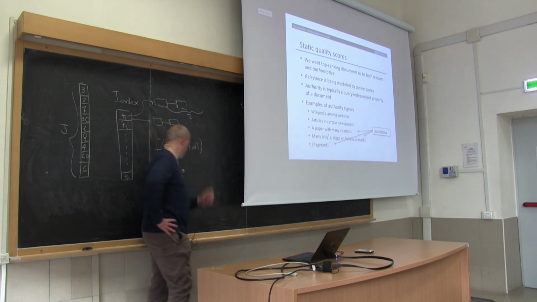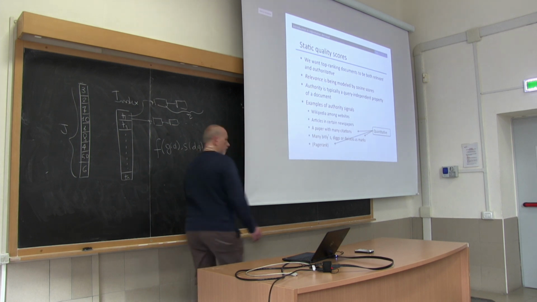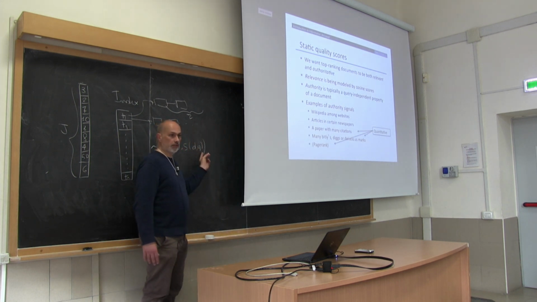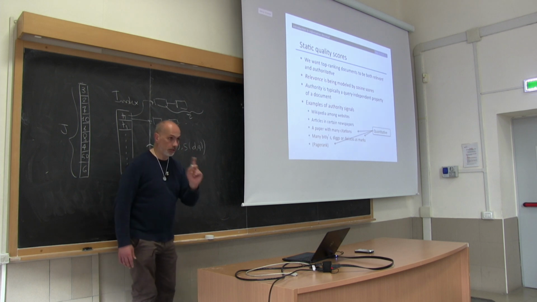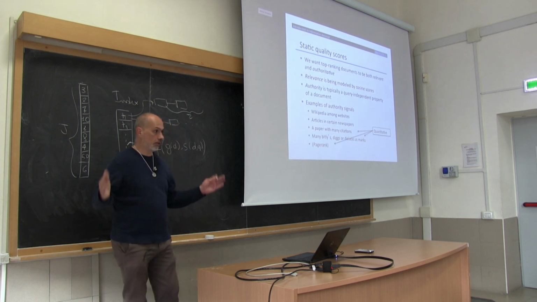And then a score that is query dependent, for example the relevance estimated by cosine similarity. So you have two elements, and the final score will be a function of these two elements. The important point here is that this one is not query dependent. It is something that you compute once and for all on the document collection.